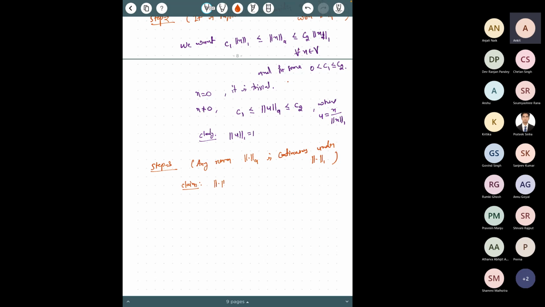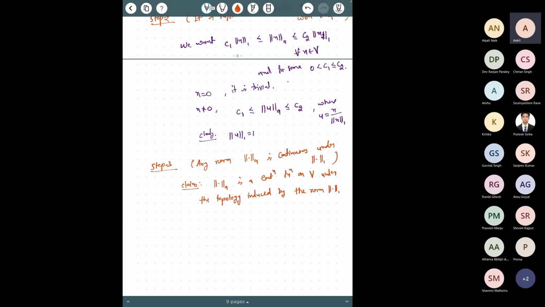Our claim in this step 3 is that this norm, which is any norm on V, is a continuous function on V under the topology induced by the one norm.